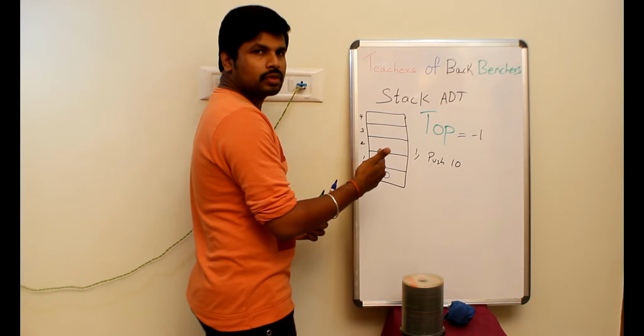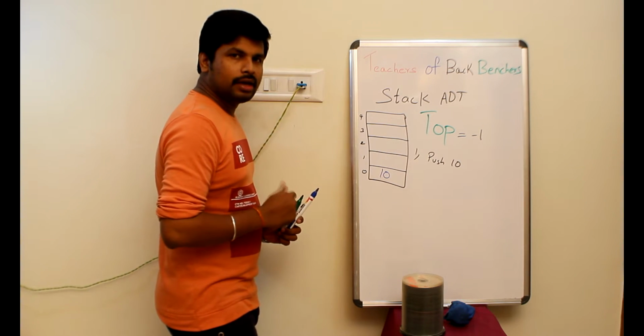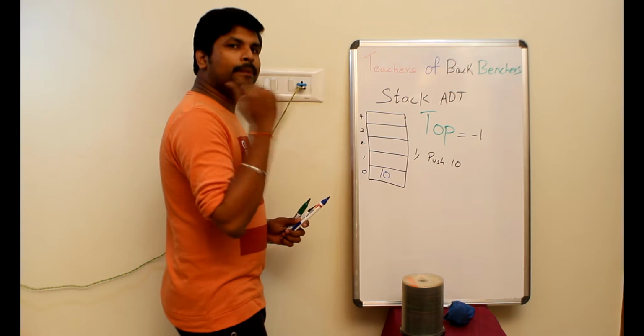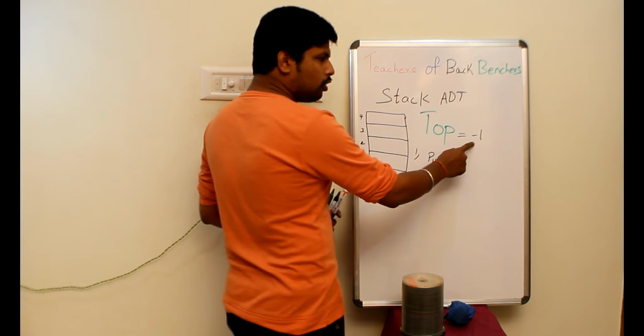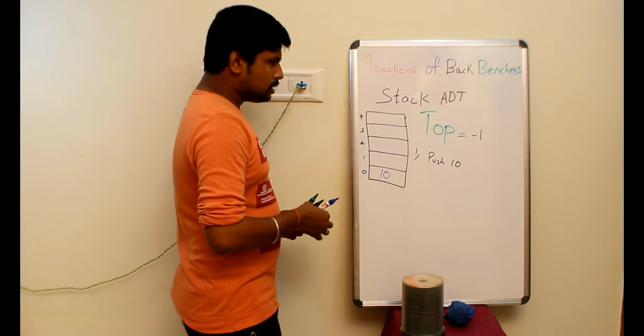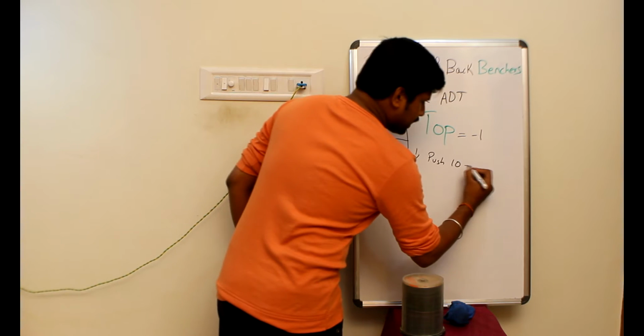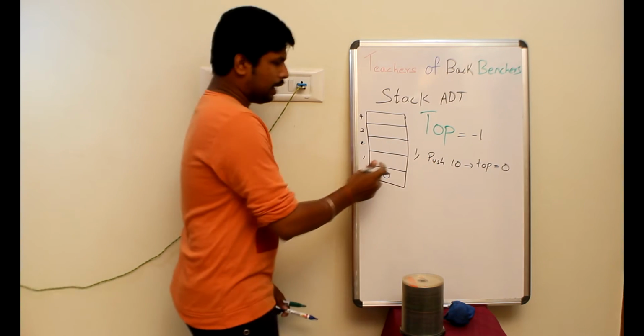Top indicates the topmost value available in a stack. So top is equal to top plus 1, which means the new value of top is equal to the old value of top plus 1. So minus 1 plus 1, the value is 0. In this case, top becomes 0 at the position of 10.